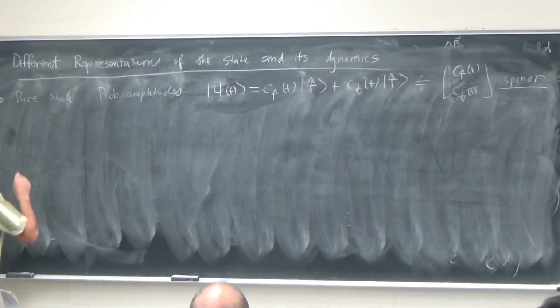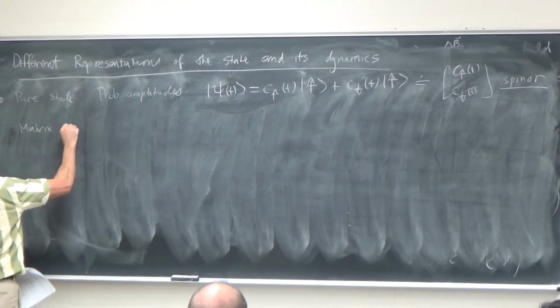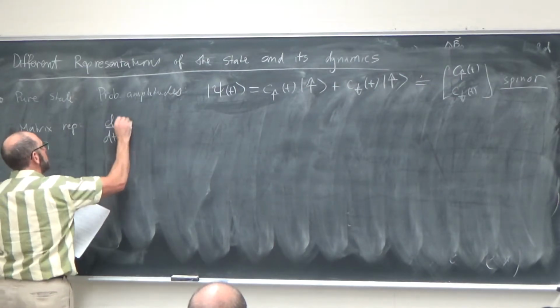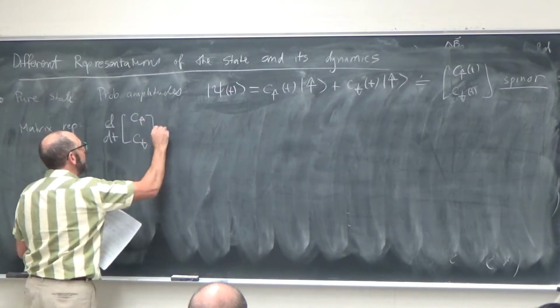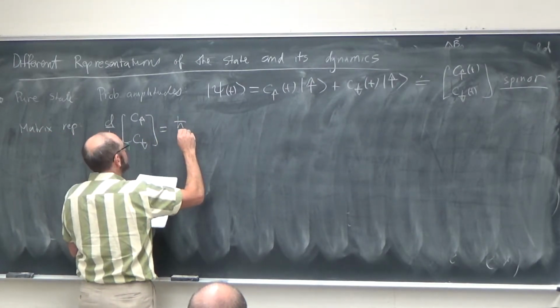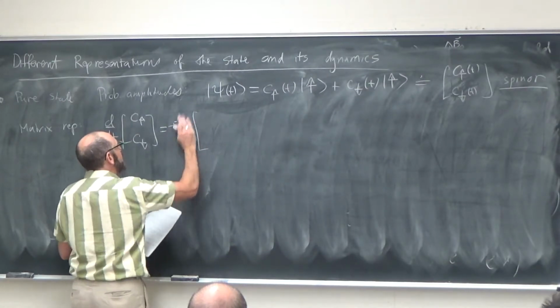And our Schrödinger equation, I might have a matrix representation. So this is the Schrödinger equation written in terms of the probability amplitudes, where I write a matrix for the Hamiltonian.